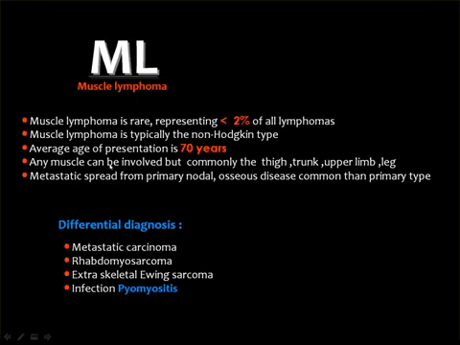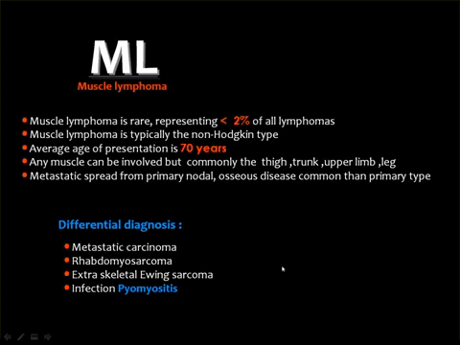Any muscle can be involved, but it is commonly seen in the thigh, in the trunk, and in the upper and lower limbs. Metastatic spread from nodal disease or osseous disease is more common than primary muscle lymphoma.